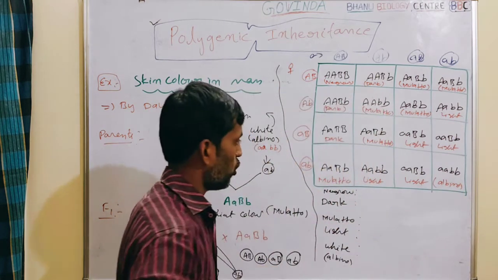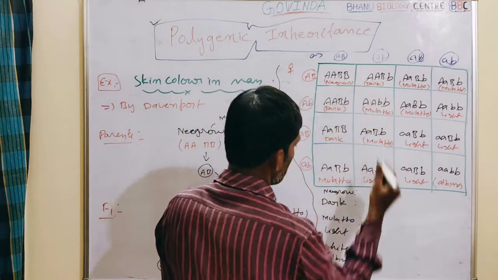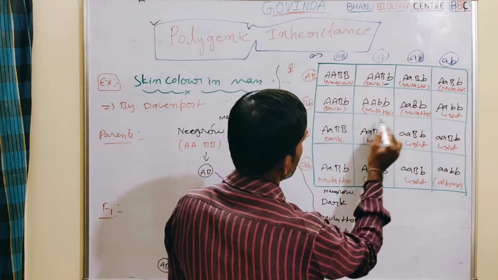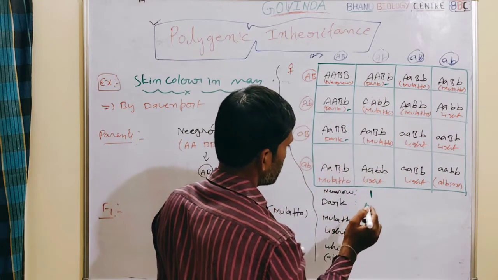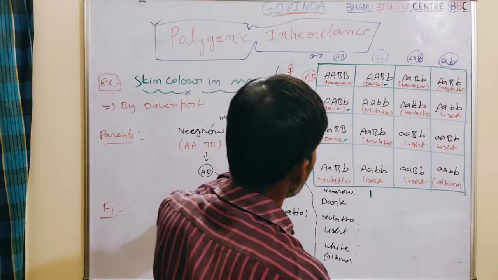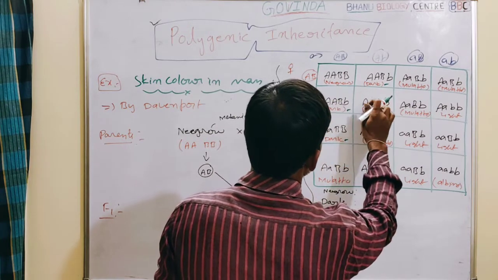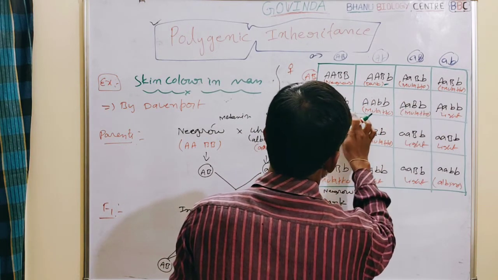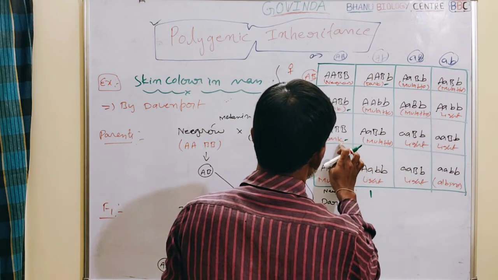Now count them. How many negroes did we obtain here? Only one. Then how many dark? Here is one, 2, 3. Only 3 dark we obtained. AABB dark, dark, dark.